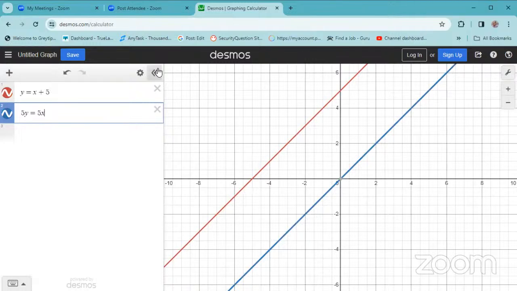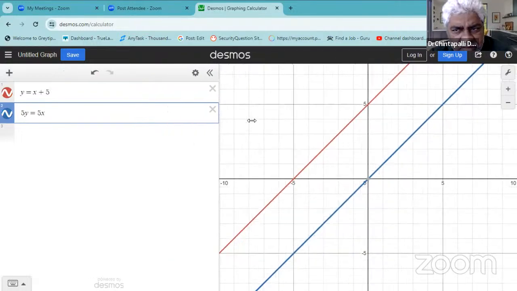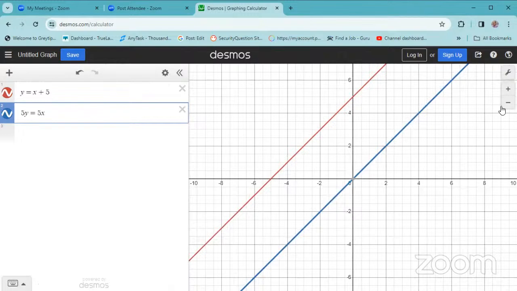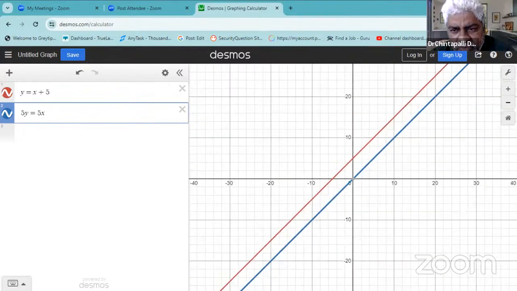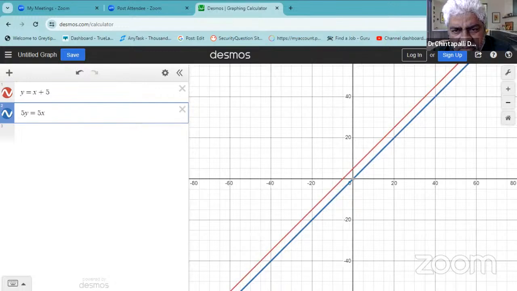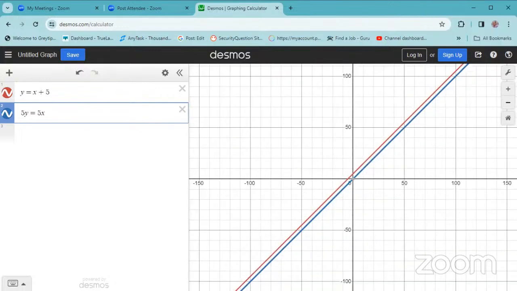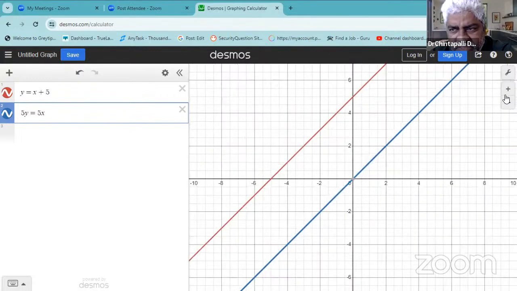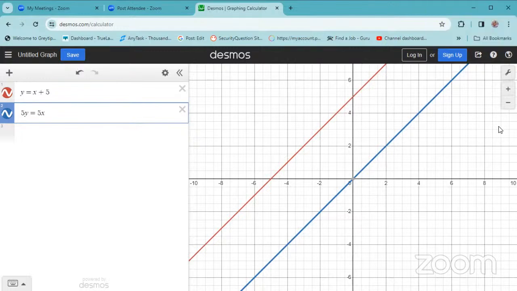Yes, we can. Is there any option, the minus towards your right side? The minus, right? Okay, reducing. That's plus to zoom in. Anyhow, it's enough for us. Can you see the red line is the first graph, the blue line is the second graph? Yes, sir.